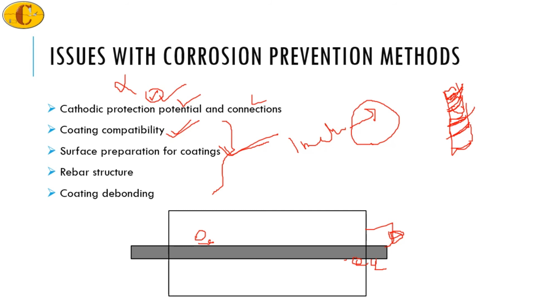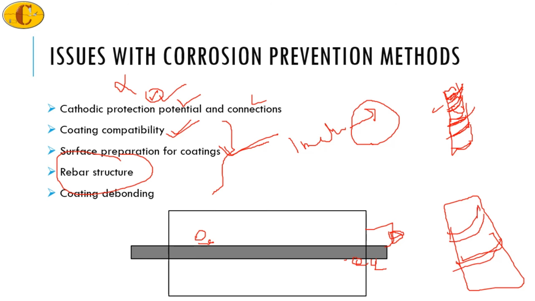The next is the rebar structure, which basically is these threads. If you have a coated structure, the threads will always have some issues with the coatings, because they are high stress regions, and if the coating is done by hand, it is very difficult to get an even coating on the rebar, on the edges also.